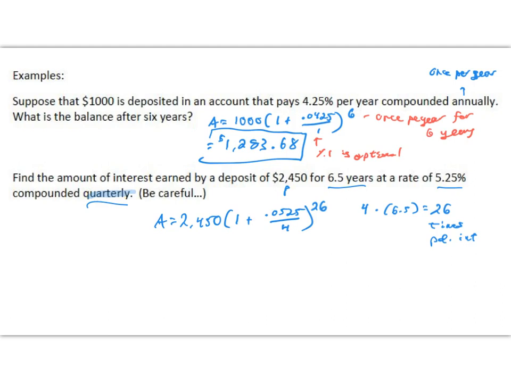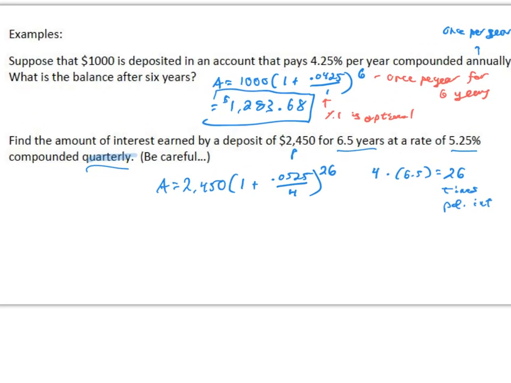I'm going to take a second and plop that into my calculator. And again, just be very careful with your parentheses to make sure you get everything correct. And after a period of time of 6.5 years, you should have $3,438.78 in this account. All right, good stuff so far.